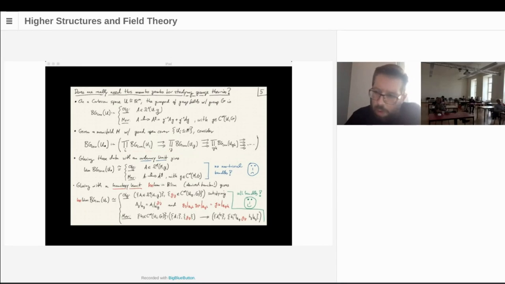So how would you compute this normal limit? Limit is a categorical construction. Limit is a way how to approximate a diagram by a single object. But let me better explain it with this example of equalizers.